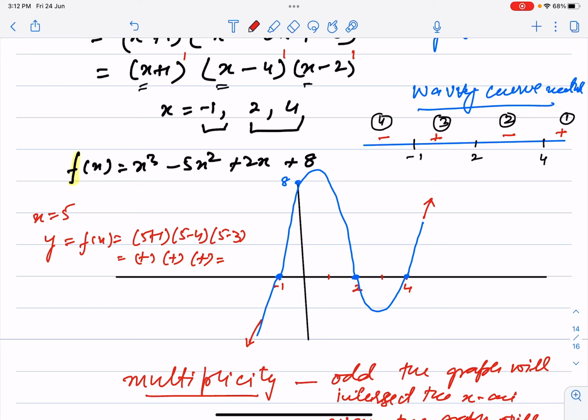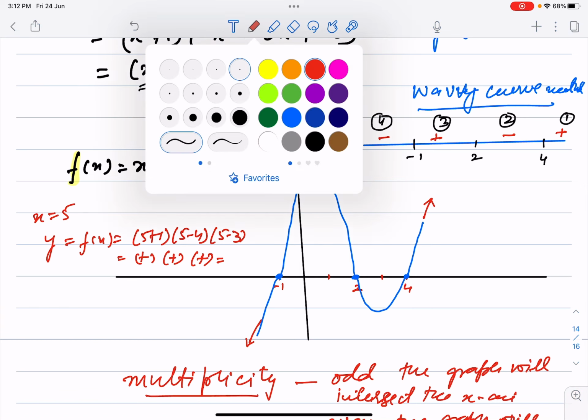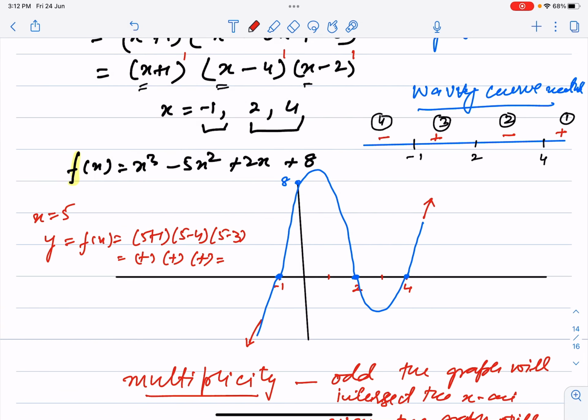So you can see it is positive over here, the graph is going up. Between 2 and 4 it is negative, between -1 and 2 it is positive again, and beyond -1 it is negative. So I hope you have understood.